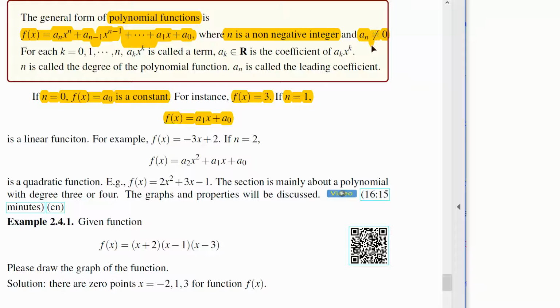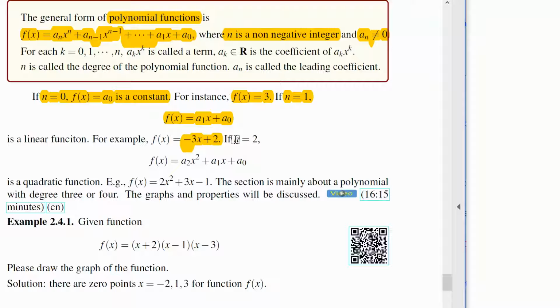Since a sub n is not 0, a1 is the slope, and it is not 0. Here is the special case, you see, for n equals 1. It is a linear function, and the slope is negative 3.